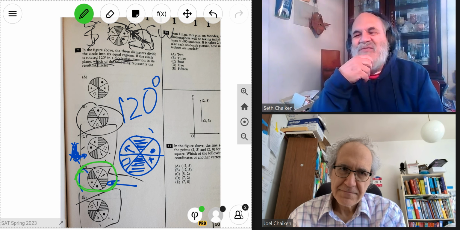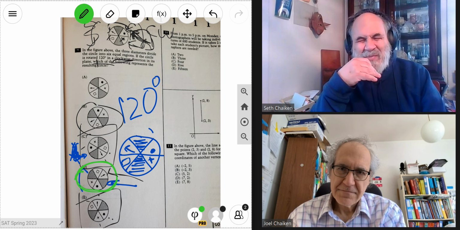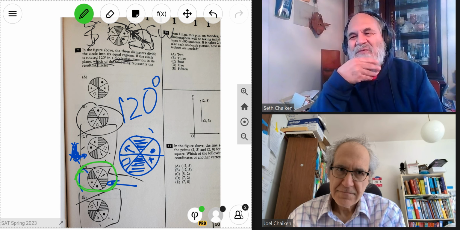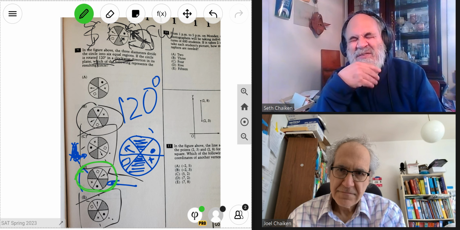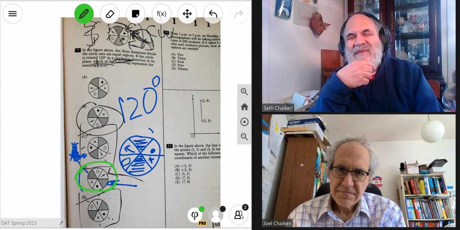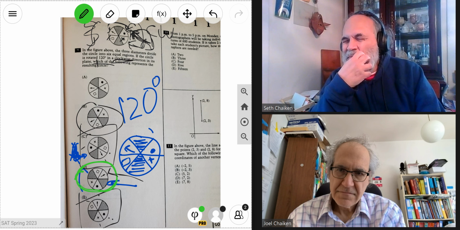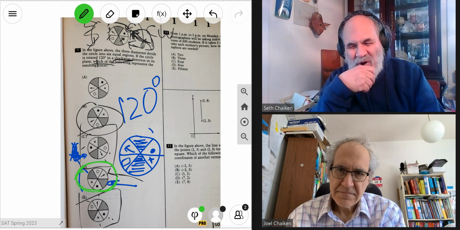Okay, what stuff to watch out for? They train math kids and mathematicians that positive angles mean counterclockwise rotation.